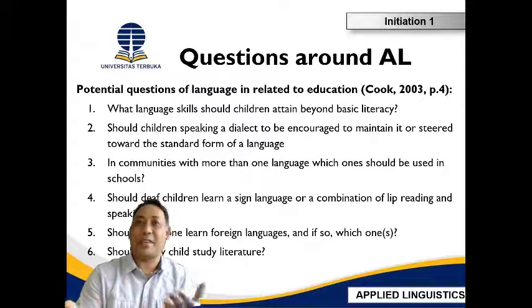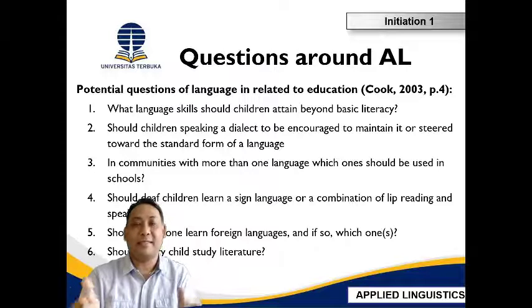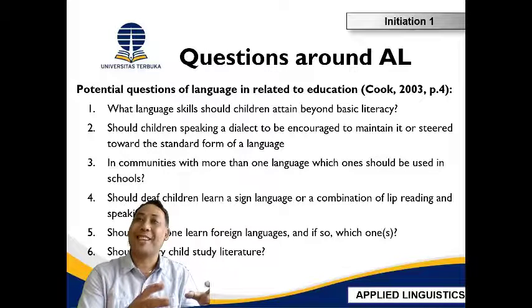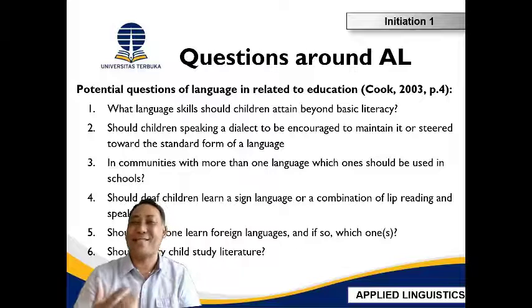Yeah, dialects, for example Javanese, Sundanese, Bataknese, Balinese. Yeah, there are many. So that's what we call dialect. Or in communities with more than one language, which one should be used in schools? So this kind of question is really interesting to discuss.